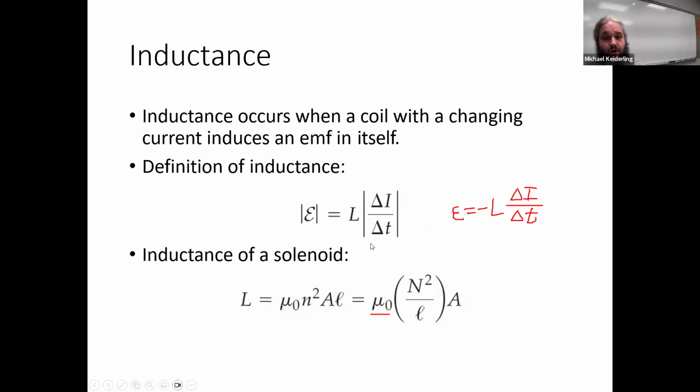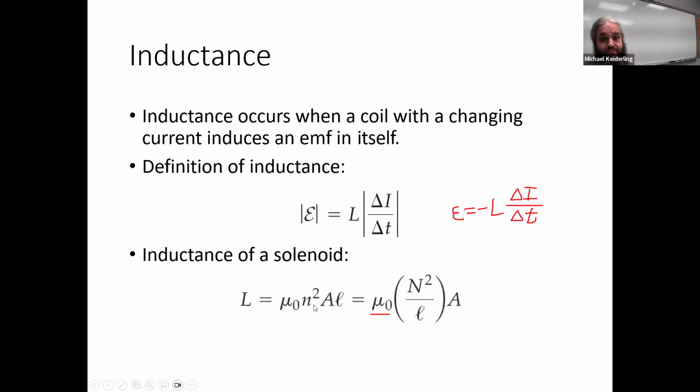And so if you know how the EMF changes as a function of current, you can find the inductance for something like a solenoid. The EMF is minus L delta I over delta T. The inductance of a solenoid is mu naught, because it's going to oppose the change in current.